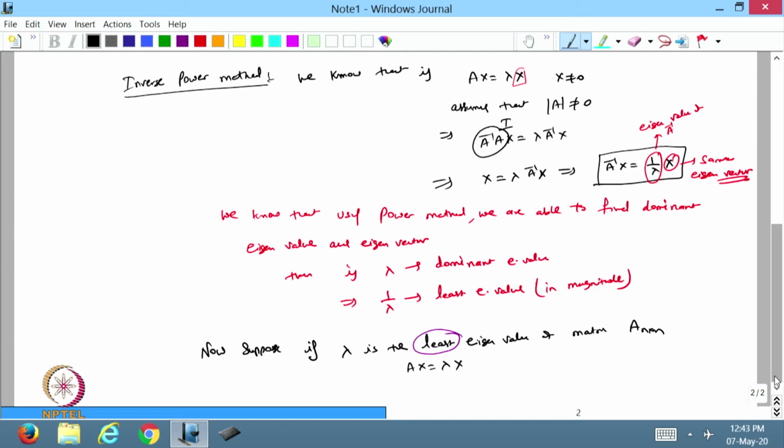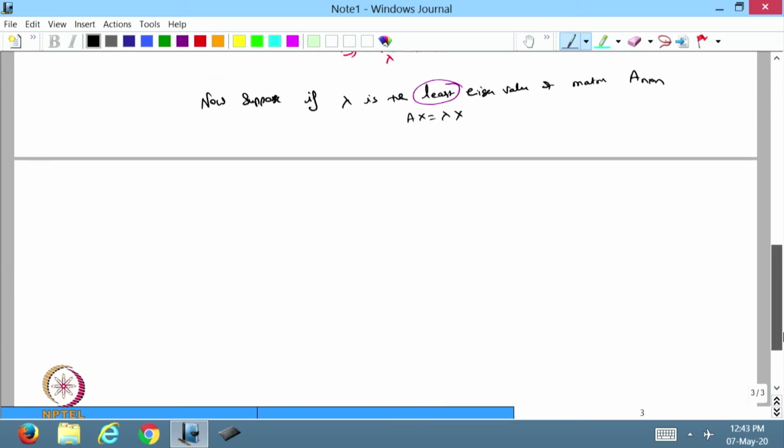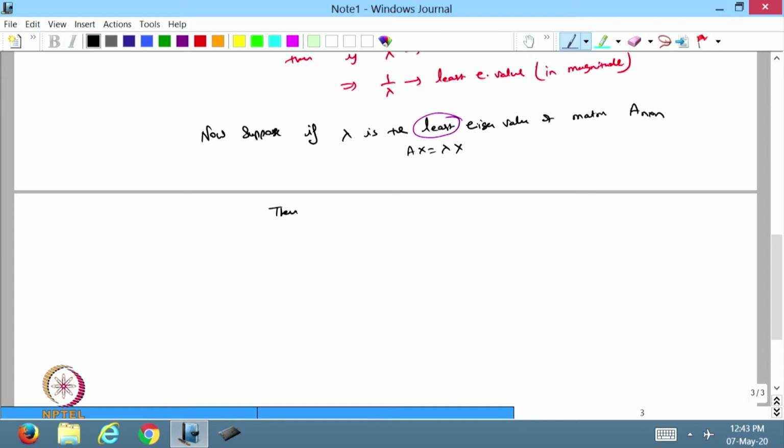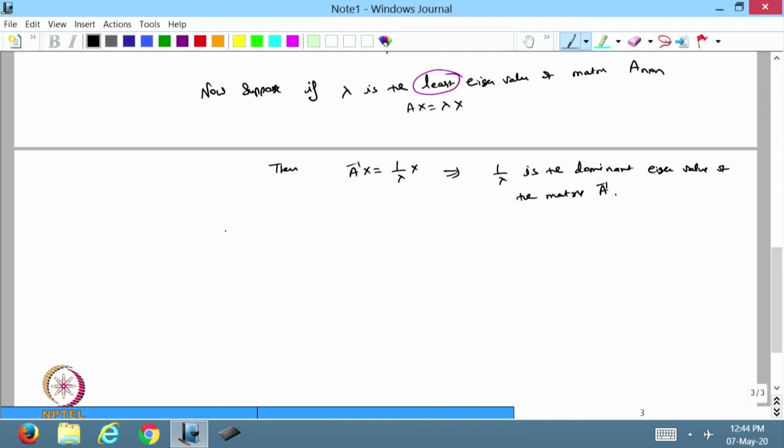Of course, everything is in terms of magnitude. Then A inverse x will have 1 over lambda x, which implies that 1 over lambda is the dominant eigenvalue of the matrix A inverse.